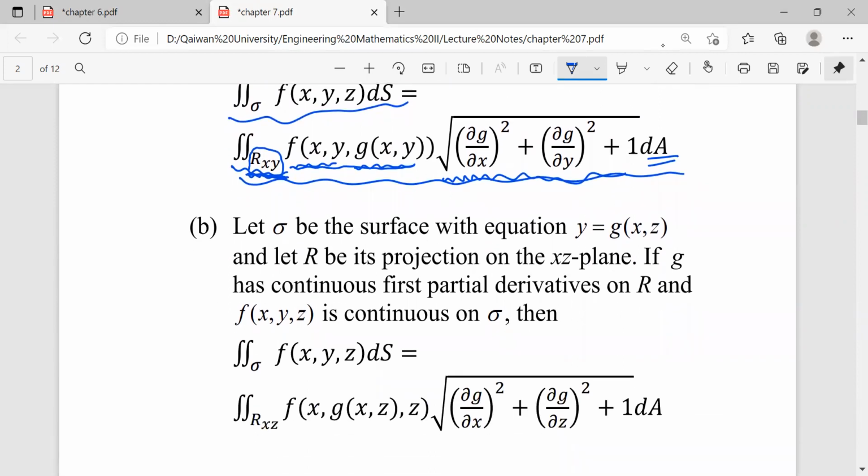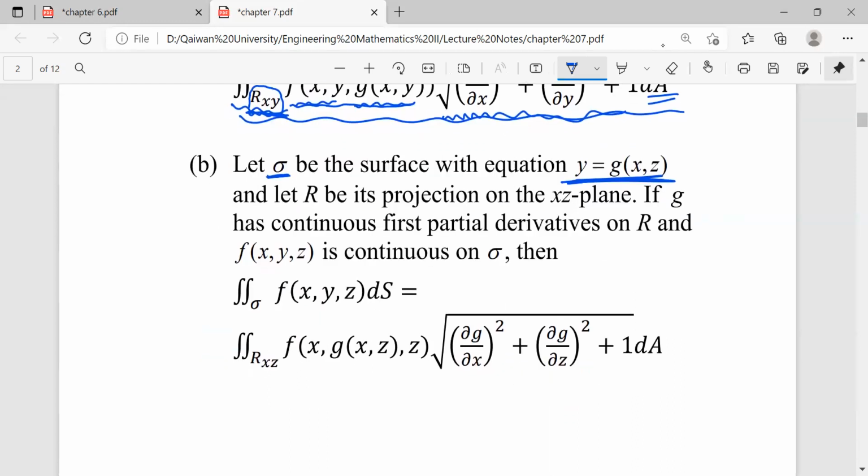And if sigma is a surface with the equation y equals g of xz, here we find the double integration over the region R on the xz plane.